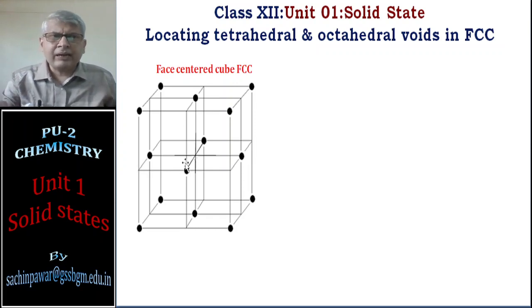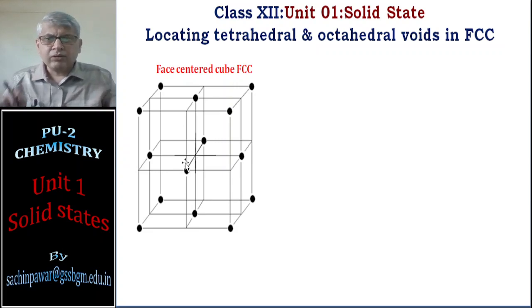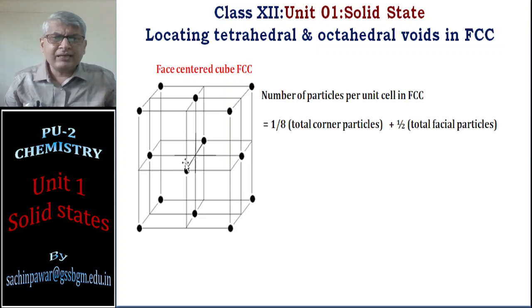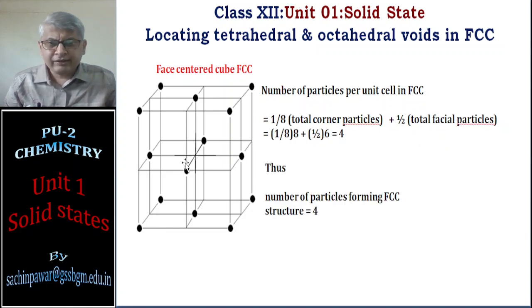Since it is a face centered cubic system, here the particles are present at the corners of the unit cell and the face centers. So the formula to calculate the number of particles per unit cell would be 1 by 8 into the total number of corner particles plus 1 by 2 into the total number of face particles. There are 8 corner particles, so 1 by 8 into 8. Faces, there are 6, so it is 1 by 2 into 6, that makes 4.